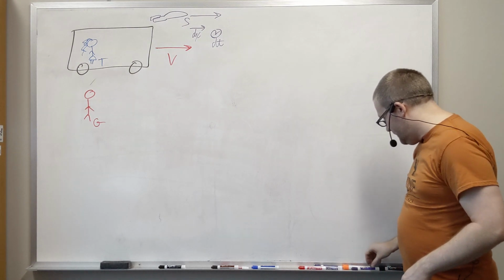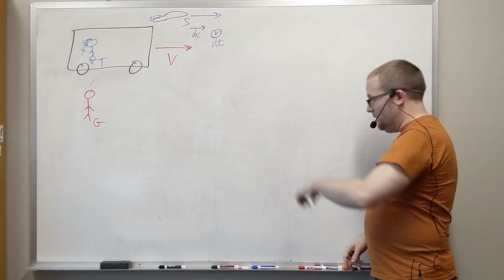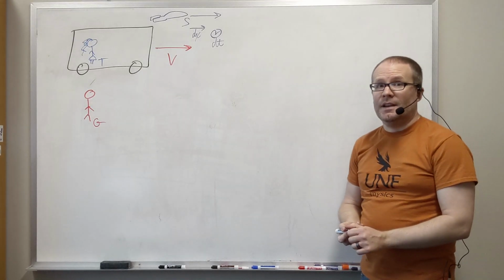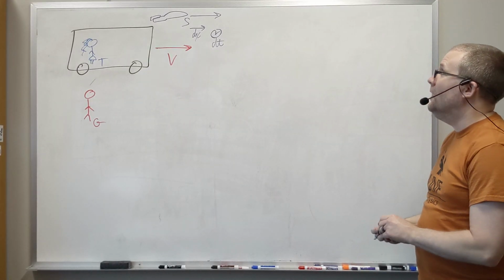Now, the trick for this is going to be that each of these observers is going to measure a different distance and a different time, just like we saw before.